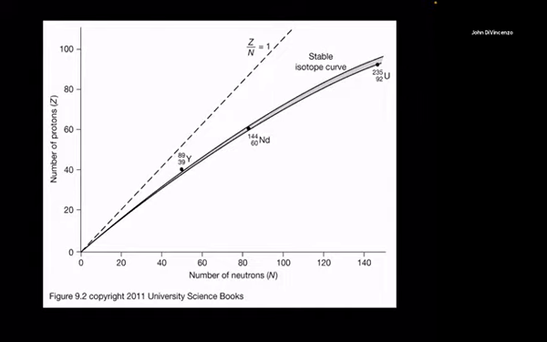It's also confusing by saying it goes to the stable isotope curve well beyond 83. Because what do we mean by stable? Someone look at the periodic table and tell me there's a point beyond which every single isotope of every element is radioactive, meaning unstable. What point is that?